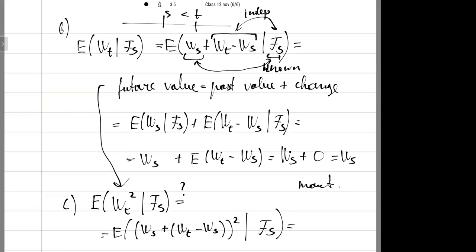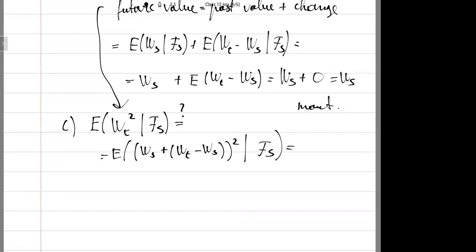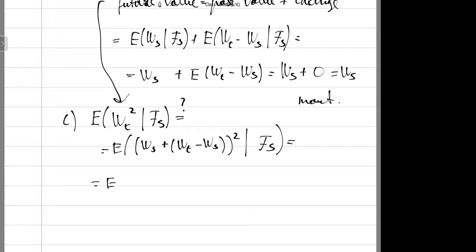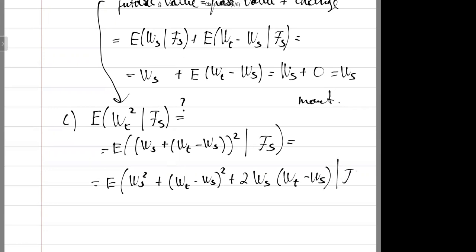I decompose the future value into two blocks: the block I know, and the block which is completely independent of what I know. So it will be the expected value of Ws squared plus (Wt minus Ws) squared plus 2 Ws (Wt minus Ws), given Fs. Now I have three terms in my expected value.